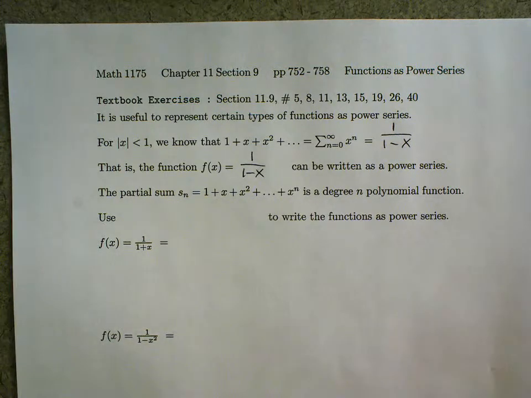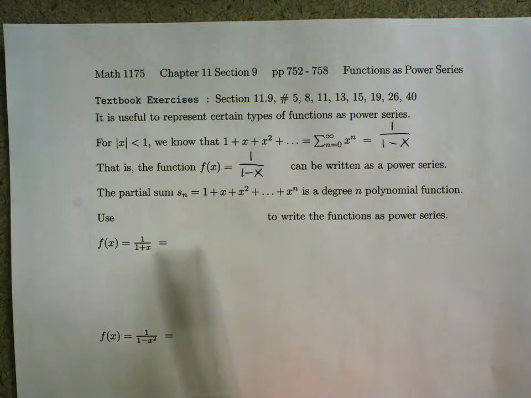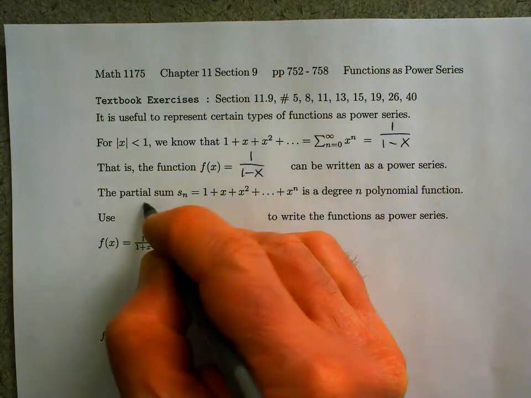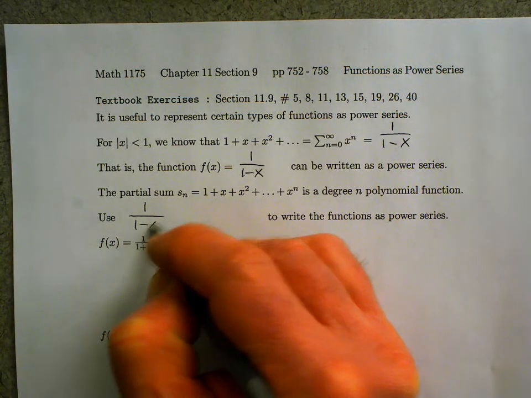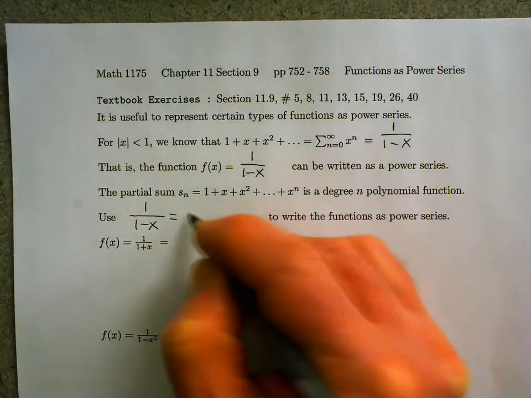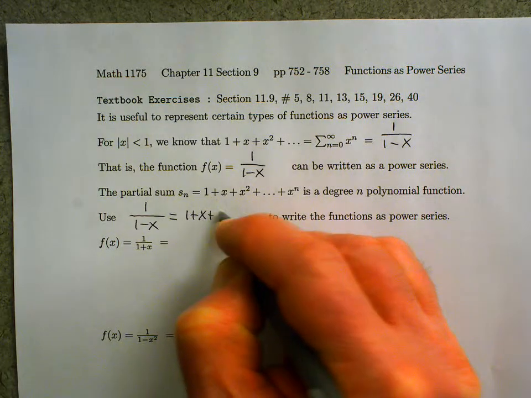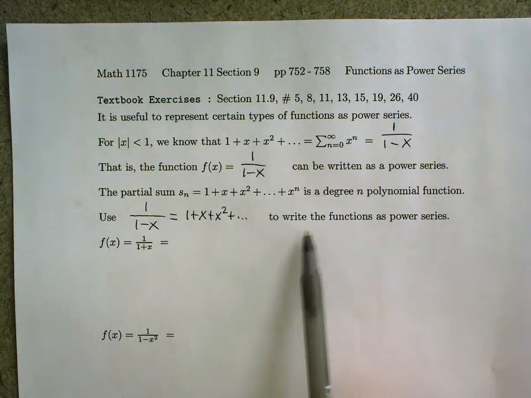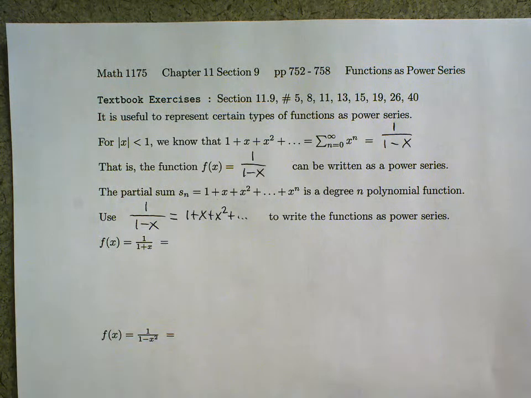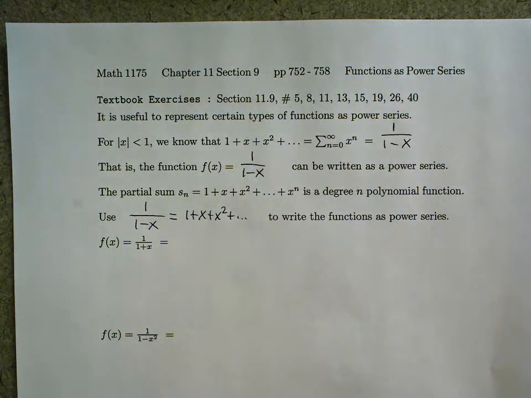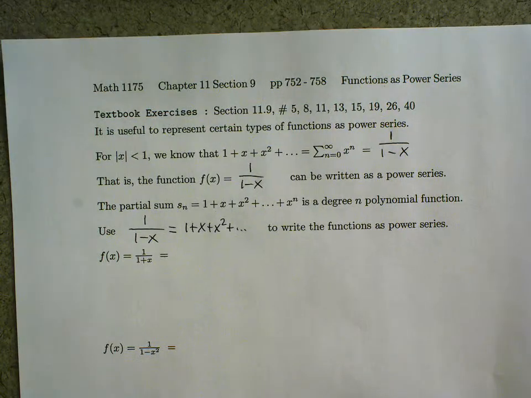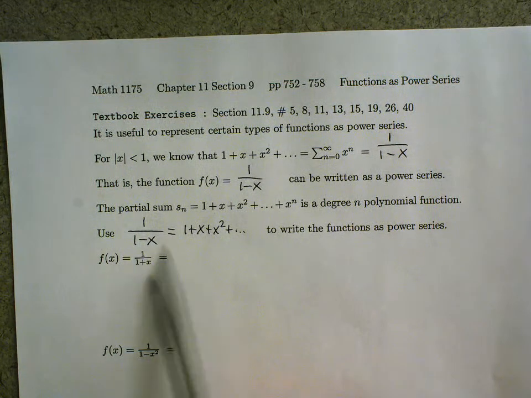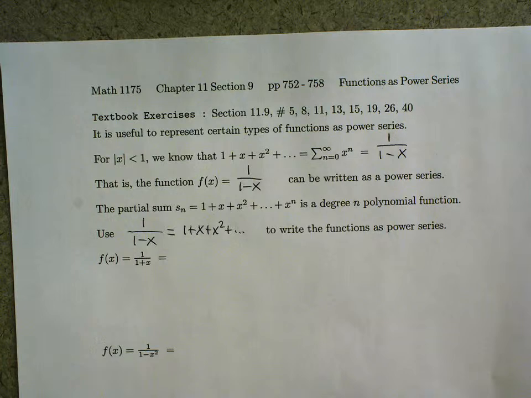Okay, so we're going to use this fact, 1 over 1 minus x equals 1 plus x plus x squared, and so on, to write other functions as power series. Before doing the first example, f of x equals 1 over 1 plus x, I'll just show you something.